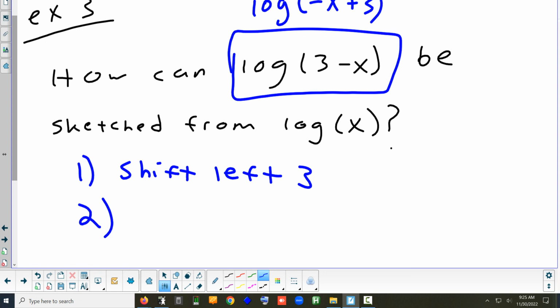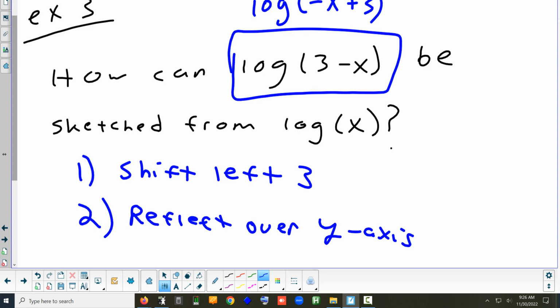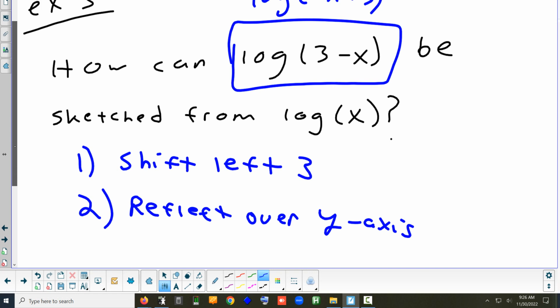So, Kelly? A reflection over the x-axis would be a vertical flip. That would be if you had a negative like that. Yeah, that's a reflection over the y-axis. Any question on that? They didn't ask us to find the domain or range or anything like that.